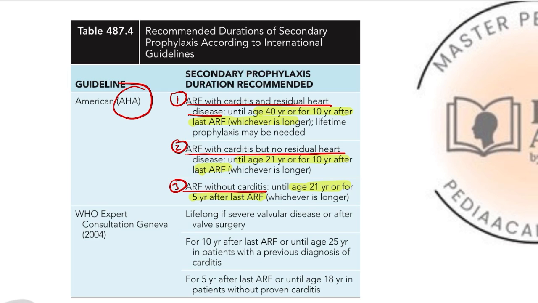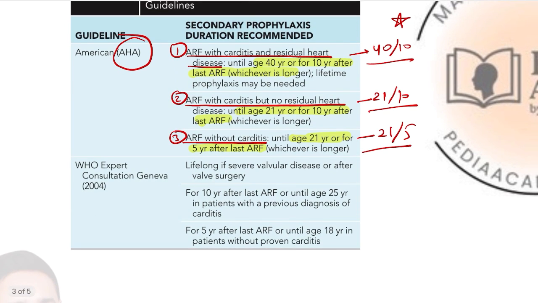So, for simplification purposes, just remember 40-10, 21-10, and 21-5. This you have to remember. ARF with carditis with residual heart disease, no residual heart disease, and no carditis at all. So, this formula you have to remember. Many questions are expected out of this.